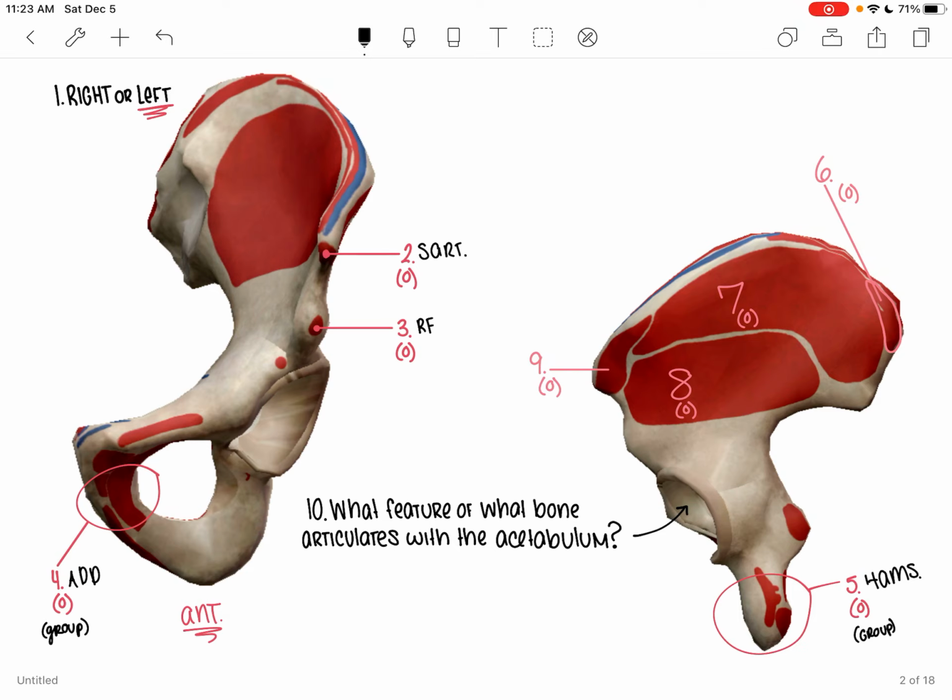Number 6 is going to be glute max, gluteus maximus. 7 is going to be glute med, gluteus medius. Number 8 is going to be gluteus minimus. Number 9 is going to be the TFL, tensor fasciae lata. And number 10 is asking what bone articulates with the acetabulum. It's going to be the femoral head, or head of the femur.